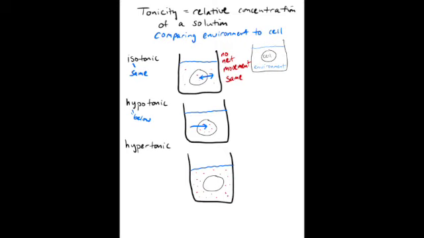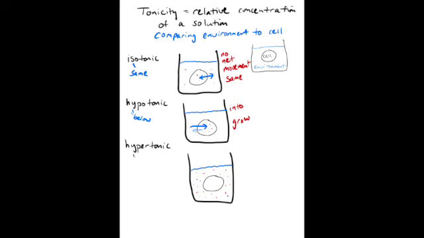Now, the thing about molecular movement, it's always going in every direction, but we're going to have less water moving out of the cell than we have moving into it. So what this means is we're going to have water moving into the cell, and the cell is going to grow. We might say it's going to swell, and it could potentially burst.